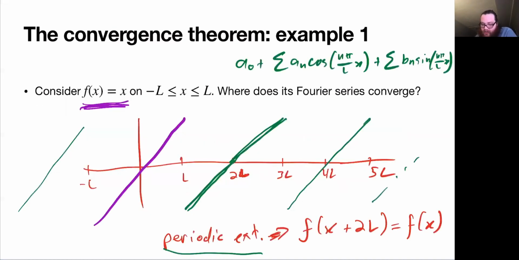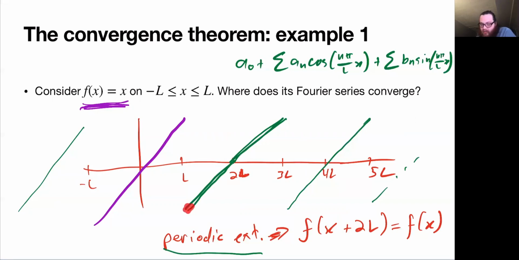So this value right here, f of x equals x, evaluated at x equals L. This point here is L. So the question is, what is this point right here? We got this point by taking the periodic extension.